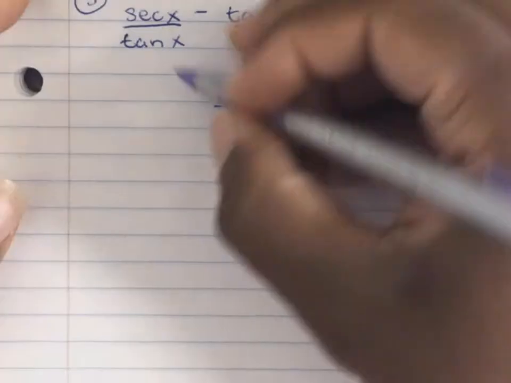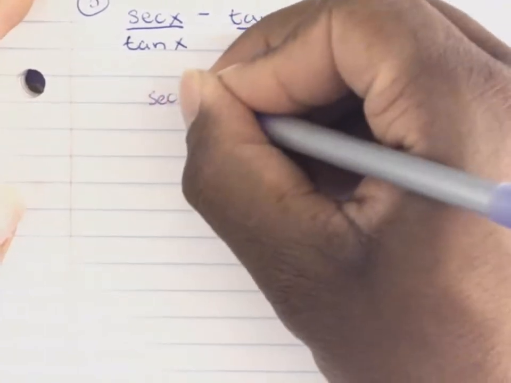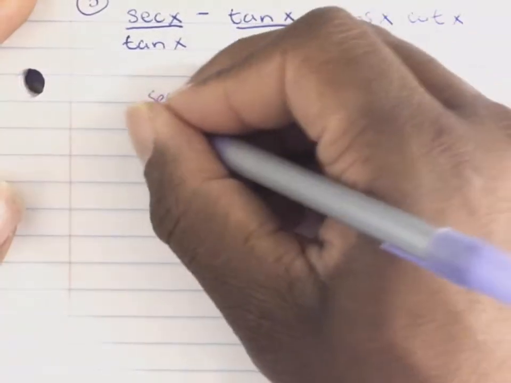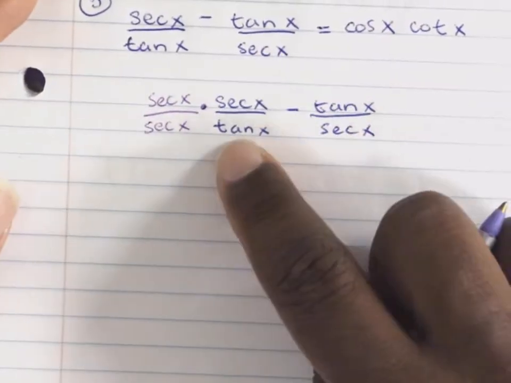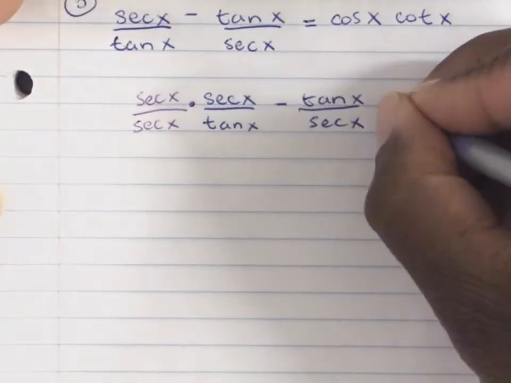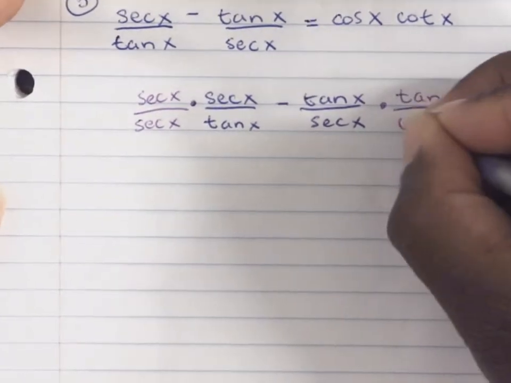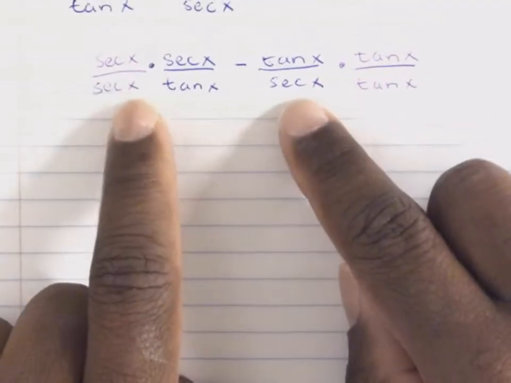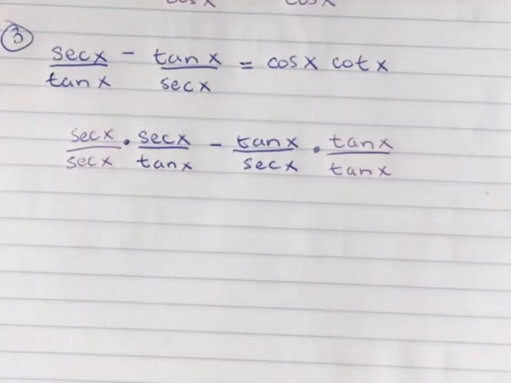So I will multiply this side by secant, this denominator, and I'll multiply this side by tangent, this denominator. All right, and now both denominators have secant tangent as their common denominator, so I'll be able to put them together. So let's multiply what we got on top.